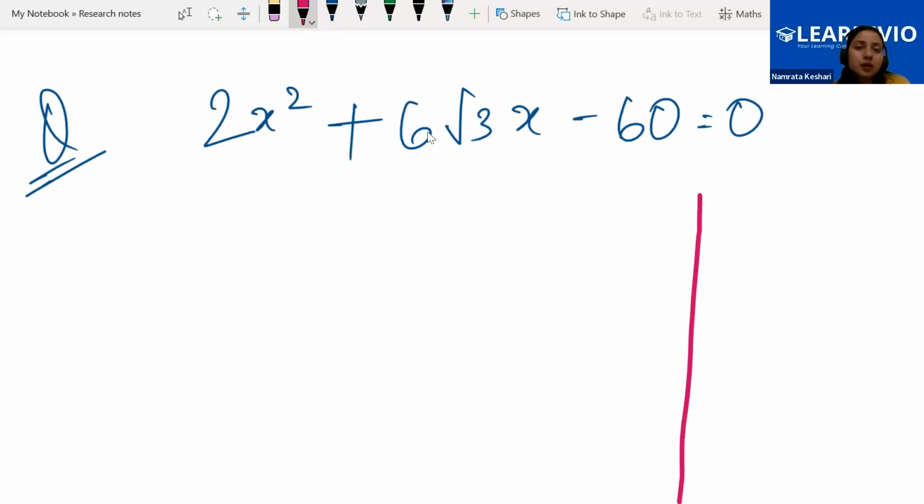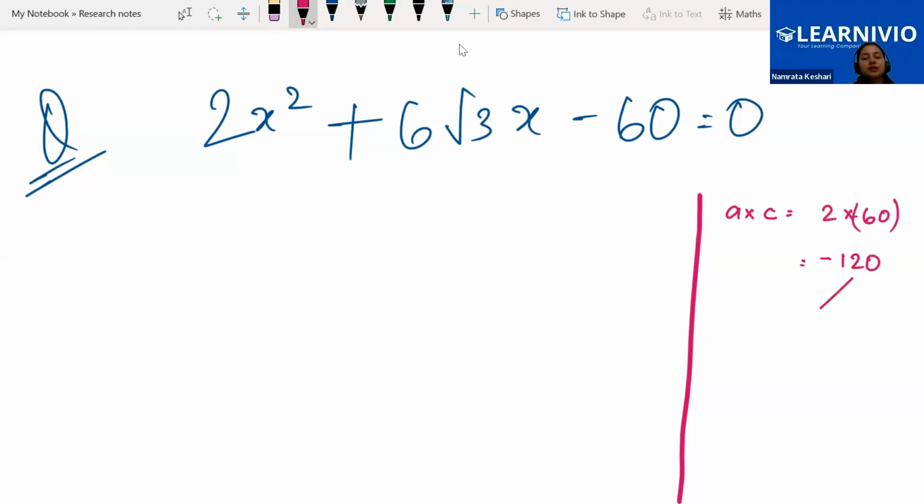So first we will do the multiplication of a and c. Can you tell me what will be a into c? 2 into minus 60. Yeah. That is minus 120. Okay. This is our AC.